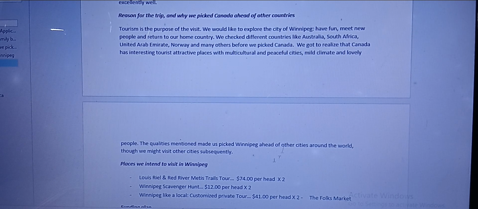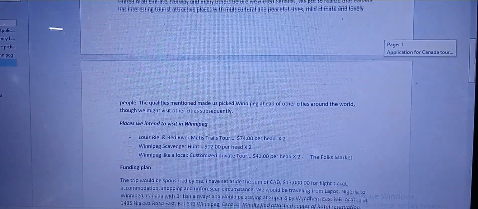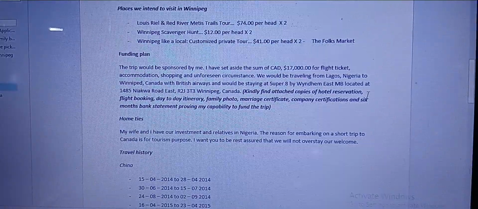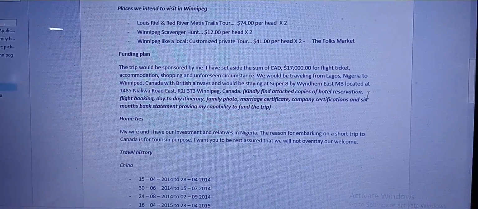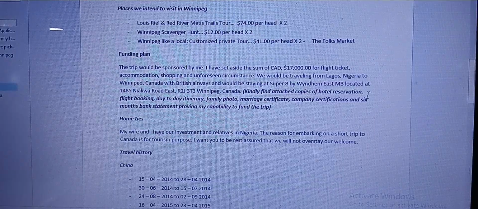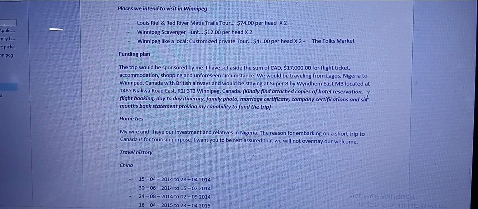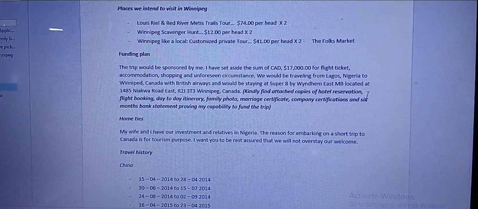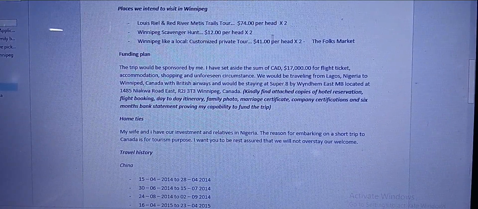So now move to the next paragraph. This is getting interesting now. This is where you tell them the places you intend to visit in the country you are going to. You can see here, and you can also tell them the amount you intend to spend.